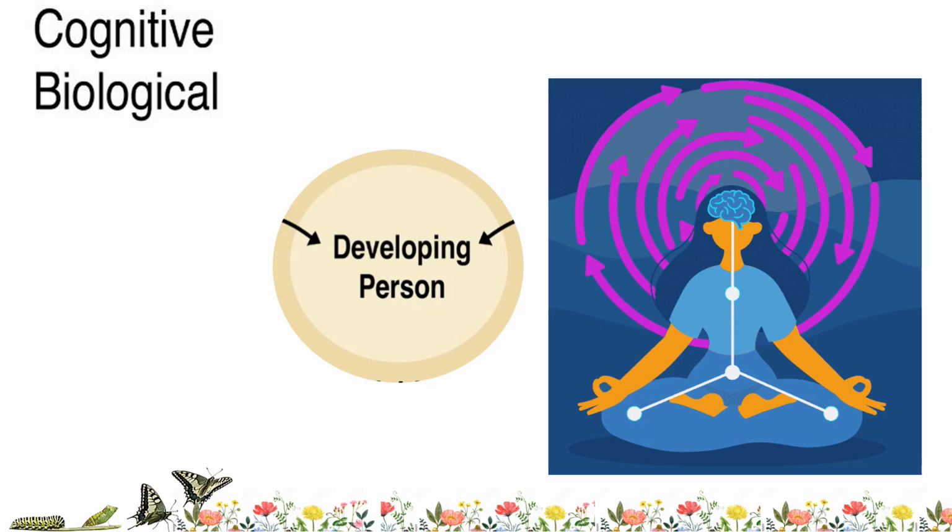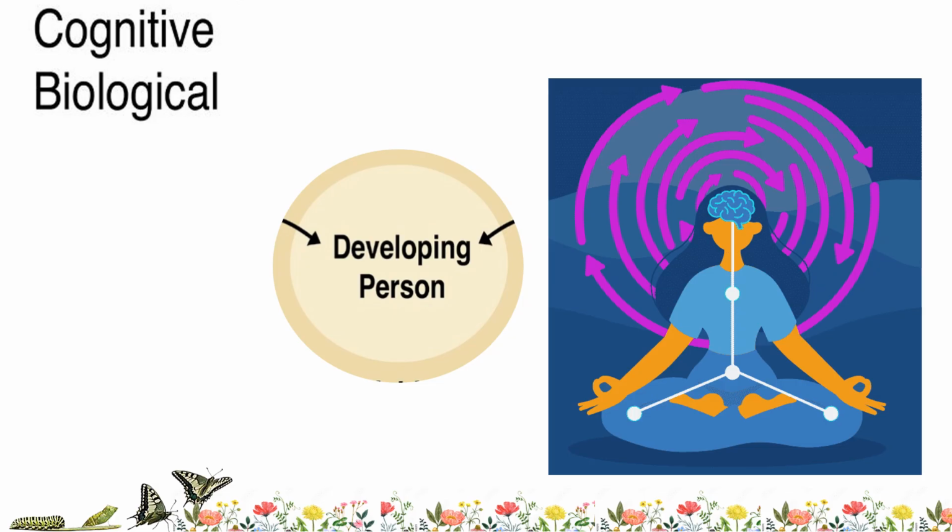Here, what I am highlighting and turning the volume up on is that the developing person is not only a biological human being, which Bronfenbrenner emphasized, especially when he renamed the model bioecological, but also a cognitive person. We have a mind and we have three domains of development: biological, cognitive, and social.